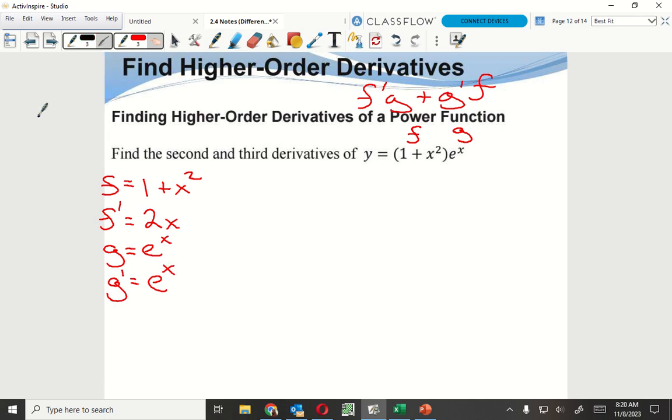Now I'm going to go through and do the math for this one. So let's go ahead and put these together. So it says f prime g. So f prime is 2x times g, which is e to the x, plus g prime, e to the x, times f, which is 1 plus x squared.